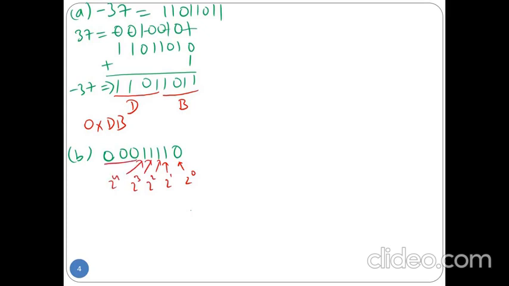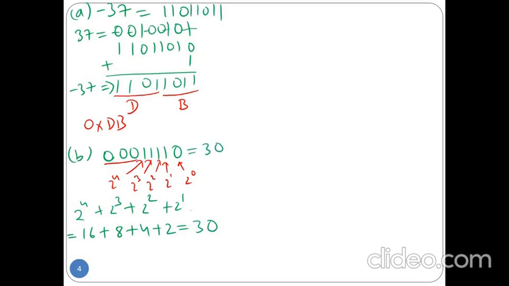We don't need to worry about the zeros because they do not contribute anything to the magnitude of the number. Now simply add the powers corresponding to the digits that have 1. So 2 to the power 4 plus 2 cube plus 2 square plus 2 to the power 1, which is basically 16 plus 8 plus 4 plus 2, and this adds to 30. So this binary string is actually equal to decimal number 30.